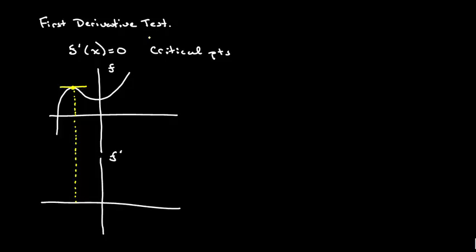Well, if it's the case that on the left side and the right side, the derivative itself is a different sign. So here the derivative is 0.